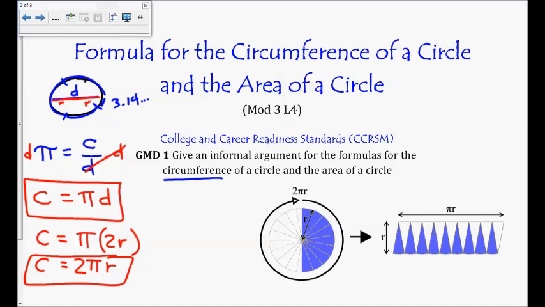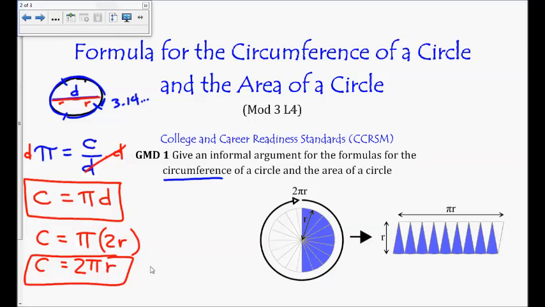And so 2 pi r is the other formula we have for the circumference of a circle. Okay, well, that's the first part of this standard, to give an informal argument for the formula for the circumference of a circle. Now, to find the area of a circle, I'm going to go to an applet that was developed on GeoGebra.